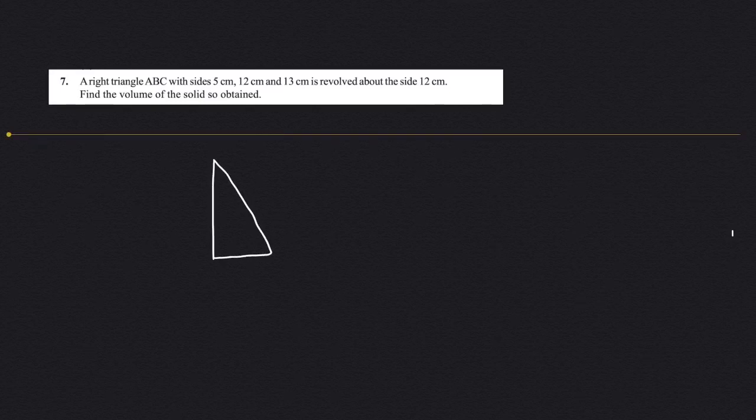It's a right triangle ABC, and this is 5 centimeter, revolved about the side 12, so this one is 12 centimeter, and the opposite, the hypotenuse, is equal to 13 centimeter.